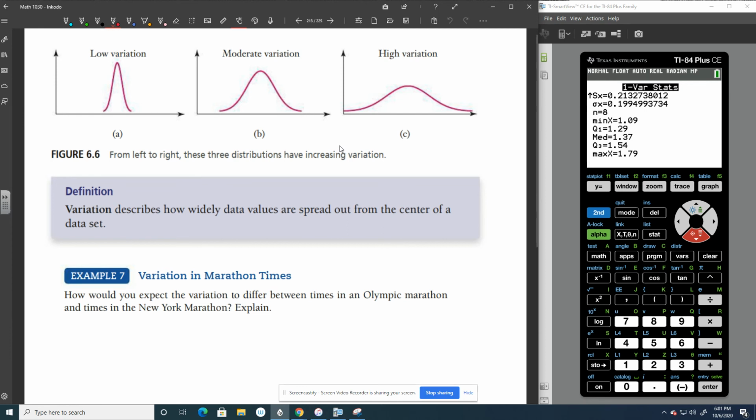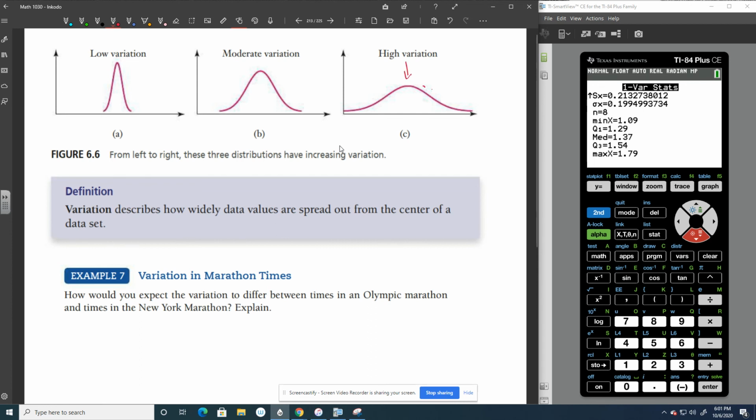Okay, variation. Variation tells us how close together this data is or how widespread the data is. So if you look at these 3 graphs right here, we've got low variation when all of the data is kind of grouped close together. And then over here on the right, high variation means there's not a lot grouped.